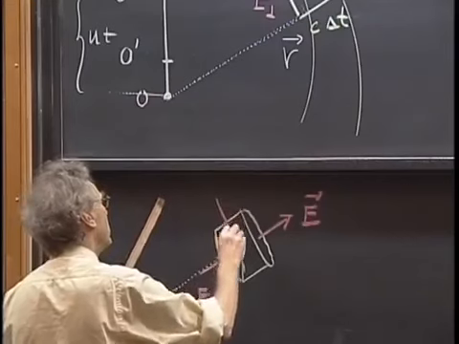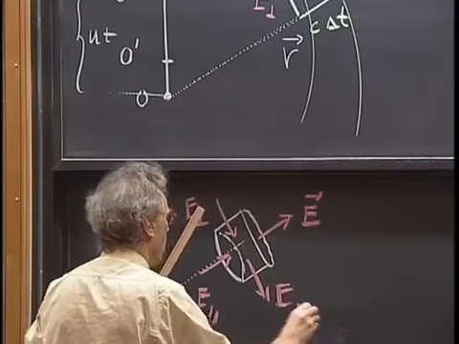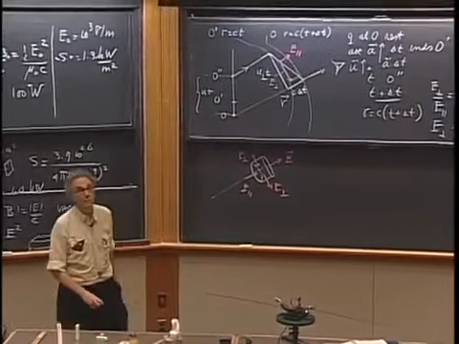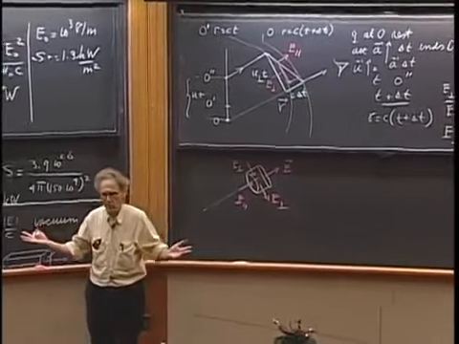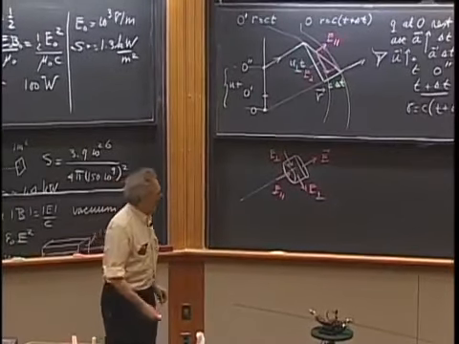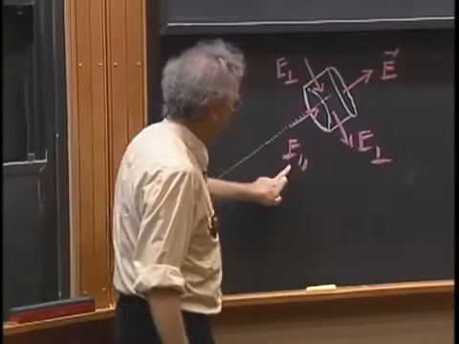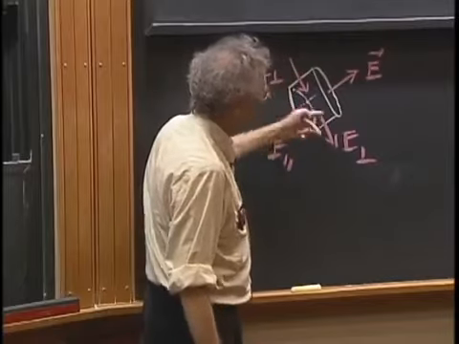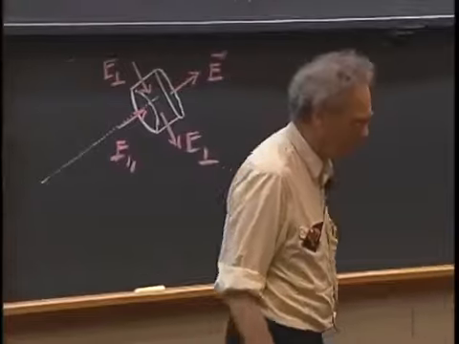So this comes in, E perpendicular, and that E perpendicular goes out. Now, since this is in vacuum, there is no charge density inside this box. So the divergence of E must be 0. And that means that the E vector here must be exactly the same as the E vector here. Because the contribution of these two is 0, so this must also be 0. There's no charge inside the box.